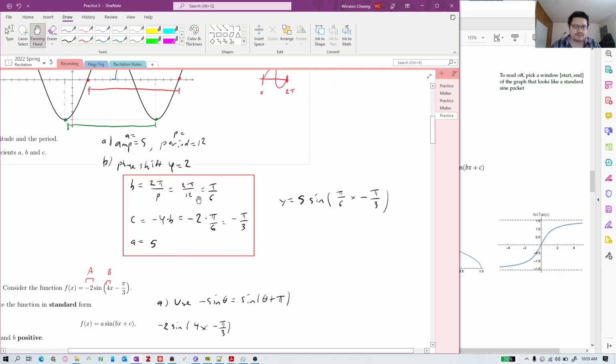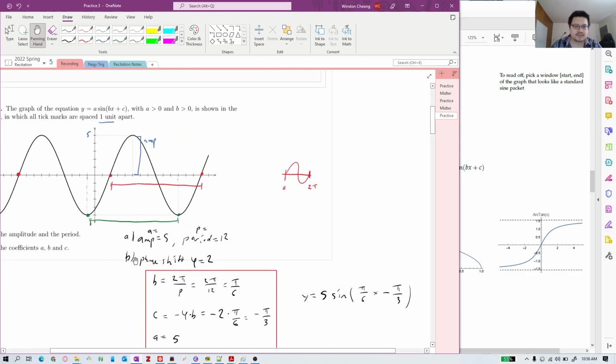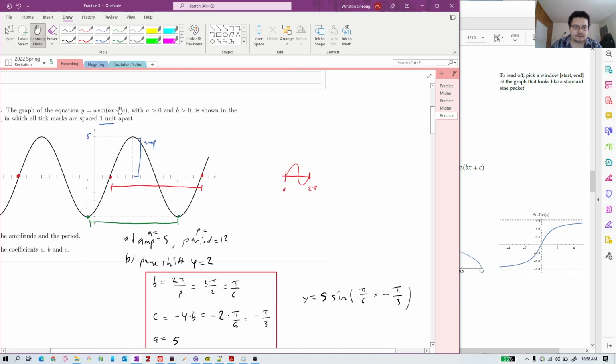So this is how you might want to check your answer. It's always nice to be able to find ways to check your answer just to make totally sure that you actually have the right answer. It is to actually graph this. So we have A, B, and C. We can insert them into the standard form of a sinusoidal function.